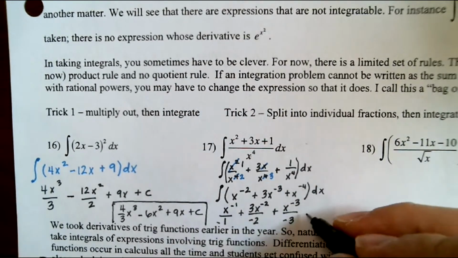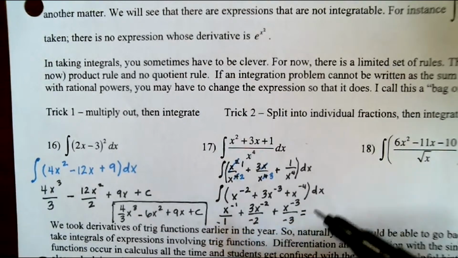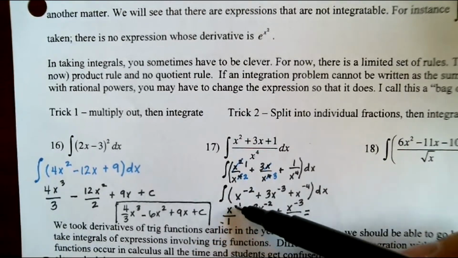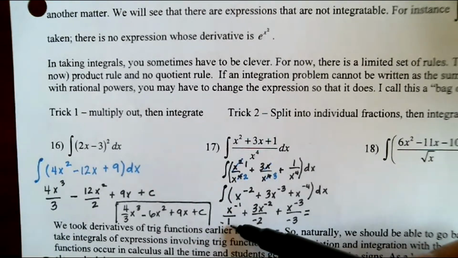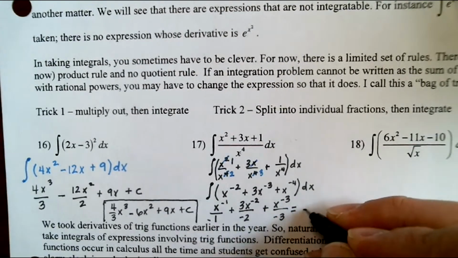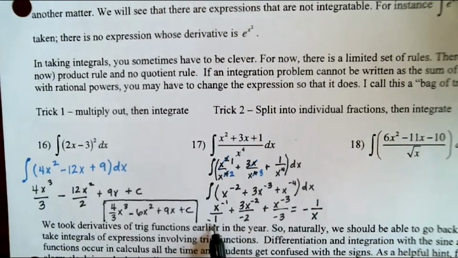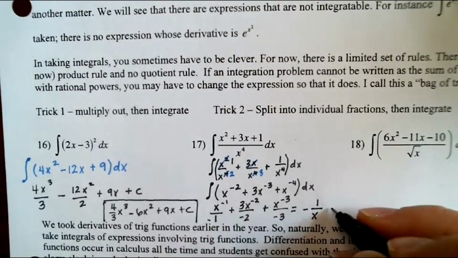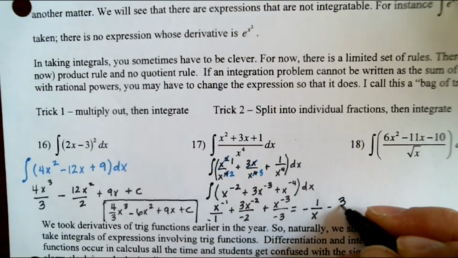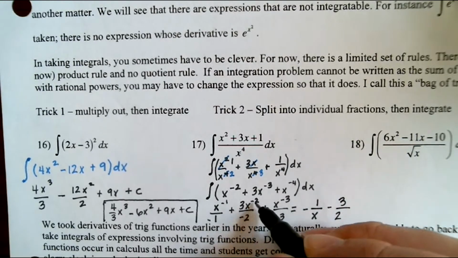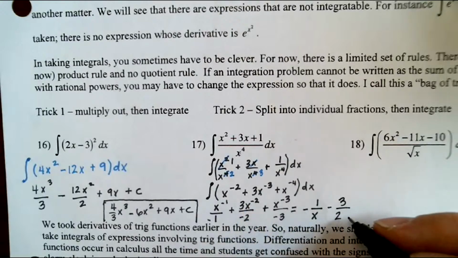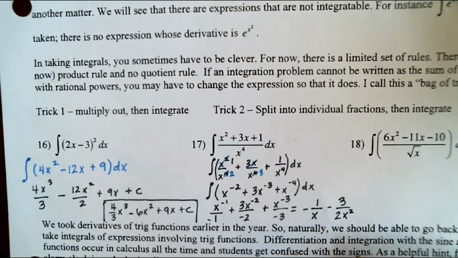That will give me a final answer. Coming over here, push that x to the negative 1 down. So x is on the bottom, and it's going to be a negative. So negative, and then 1's left on top. Negative 1 over x. That next one should just be negative 3 over 2, and the x squared, we don't leave negative exponents, so we push it to the bottom.